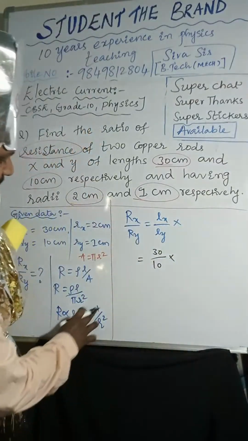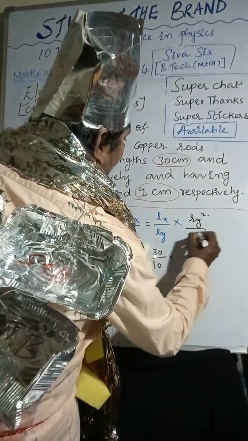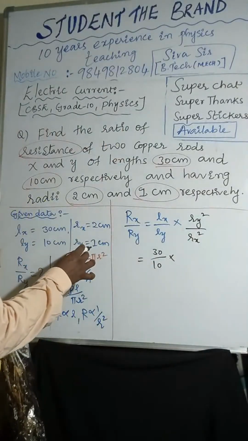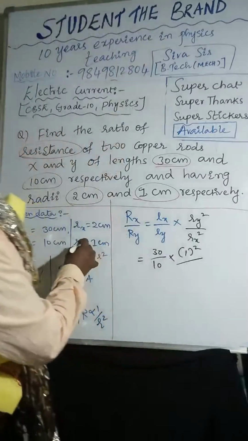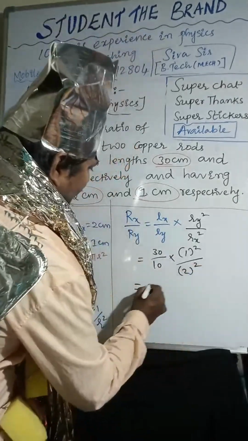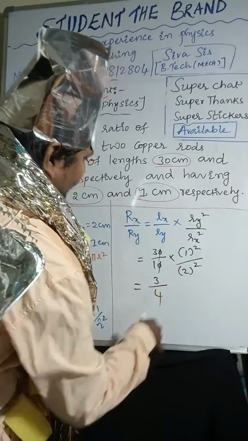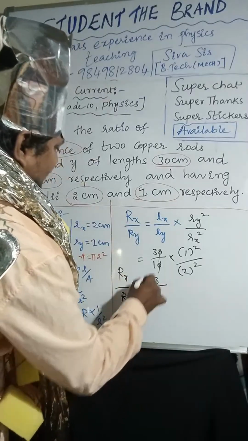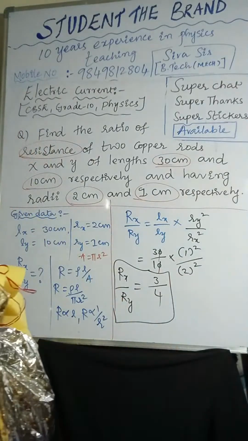R is inversely proportional to x square, then Ry whole square by Rx whole square, right? Now Ry is 1 square by Ry, Rx is 2 whole square, then you'll get, so 30, anyway 0 gets cancelled, 3 by 4. Rx by Ry equal to 3 by 4. Is it correct? So let me know, is it correct or not?